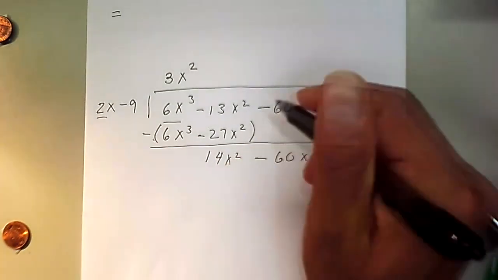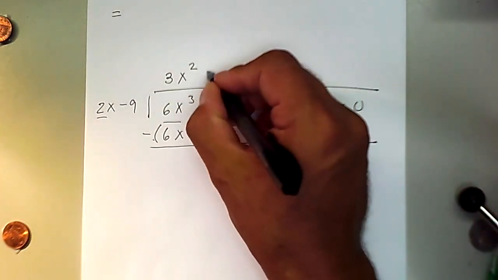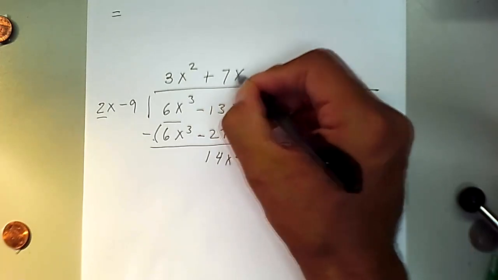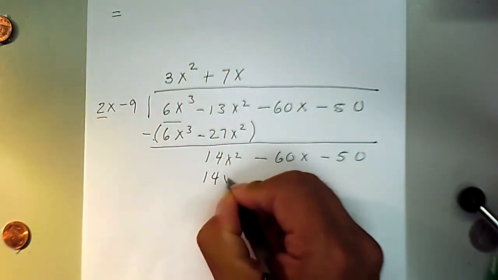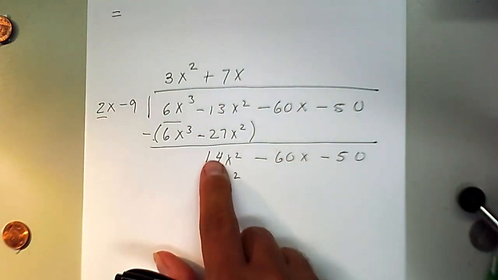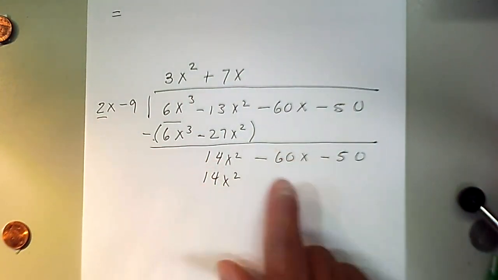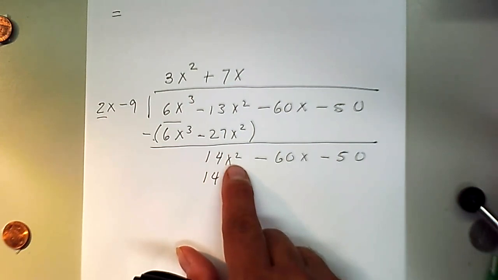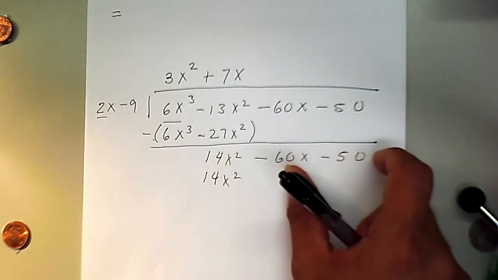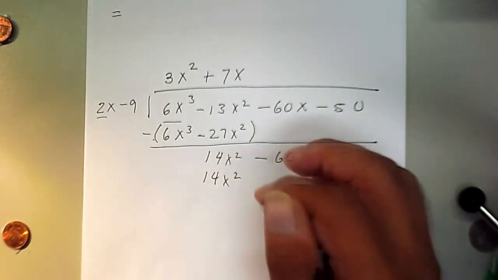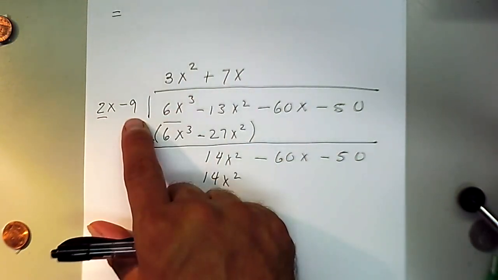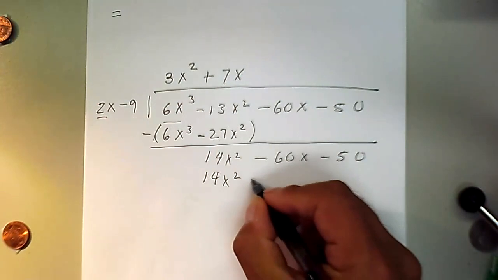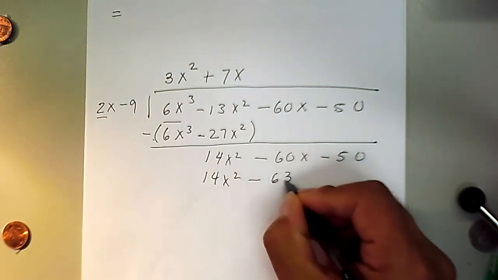Well, that's going to be plus 7x. 7x times 2x is 14x squared. That's what we wanted. We wanted to match this term. So when we subtract, this term goes away, and the polynomial that is left over is smaller. But then there's a consequence of this. 7x times negative 9, that is going to give us negative 63x.